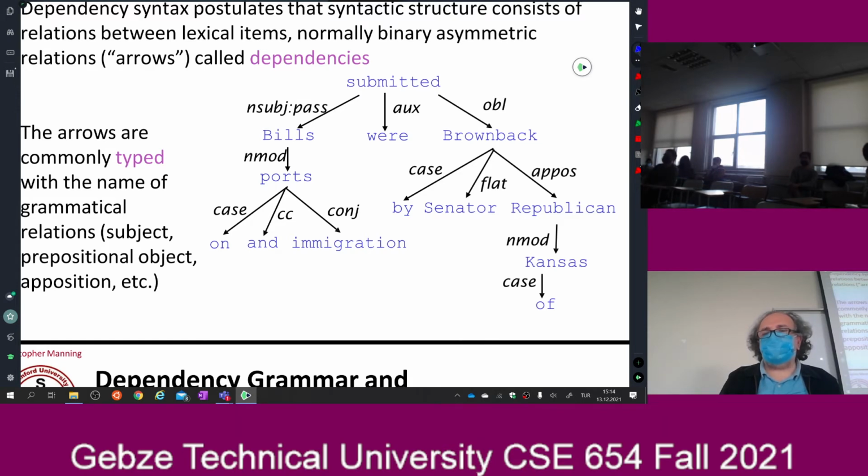I don't have to group words together or know the order of this grouping, like the senator, Republican Senator Brownback of Kansas. I don't have to know the word order of it. Especially for Turkish, it doesn't matter anyway. But I need to know the relationship between them.